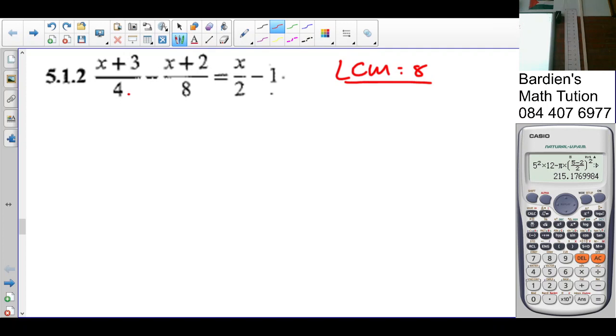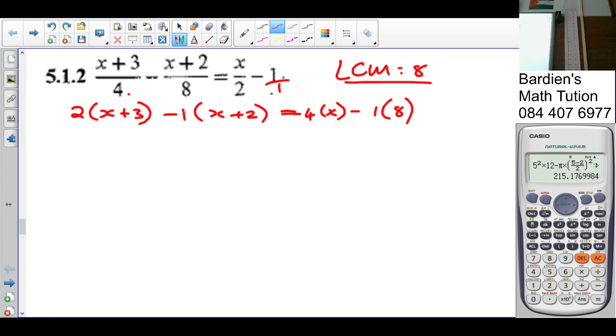So what must this be multiplied by? 2. So it's 2 into x plus 3. 8 times what is 8? 1 into x plus 2. 2 must be multiplied by what? 4 into x. That's naturally over 1. So that must be multiplied by 8. You all agree with that?